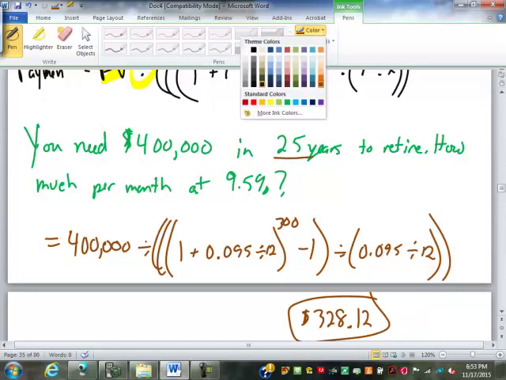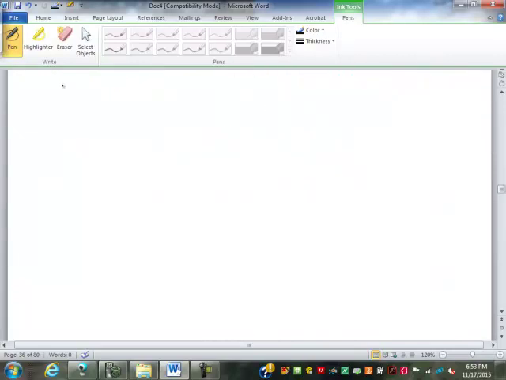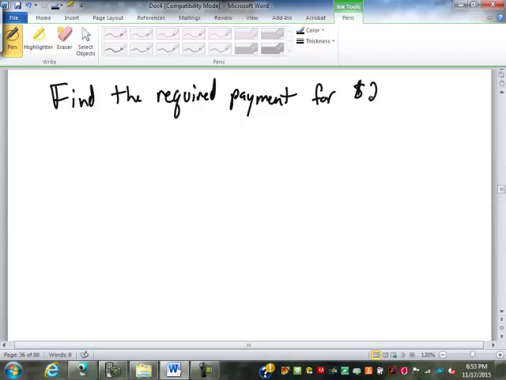Let's do one more example, see if I can get this one right the first time, and then we'll go from there. Find the required payment for $250,000 in 40 years. We're going to go monthly payment again, 40 years at 13%.